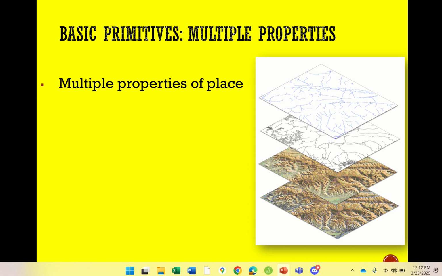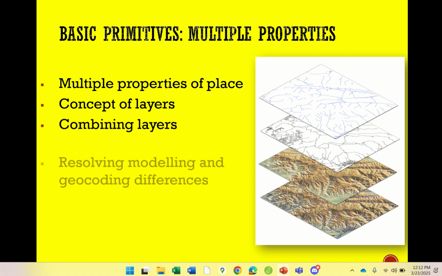And then, of course, with GIS, we can look at different variables at a certain geographic location at one time. So all of our different attributes we can think of as being contained in different layers. So we can analyze the different variables or attributes one at a time, or we can overlay them to do a more complex analysis. We can combine the layers.